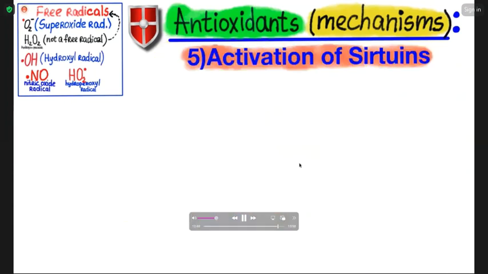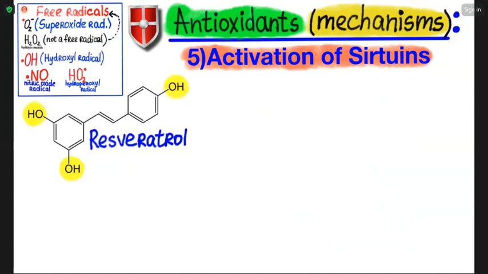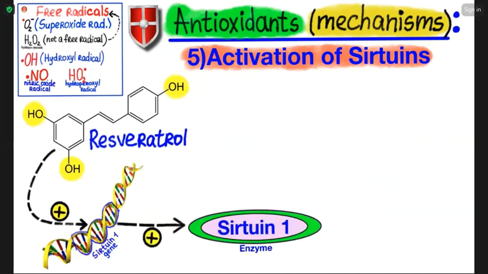The fifth and last mechanism of how antioxidants protect us against free radicals, which I'll cover in this video, is the activation of sirtuins. Resveratrol will be our example of an antioxidant. Resveratrol is known to activate a class of enzymes called sirtuins, particularly sirtuin 1.